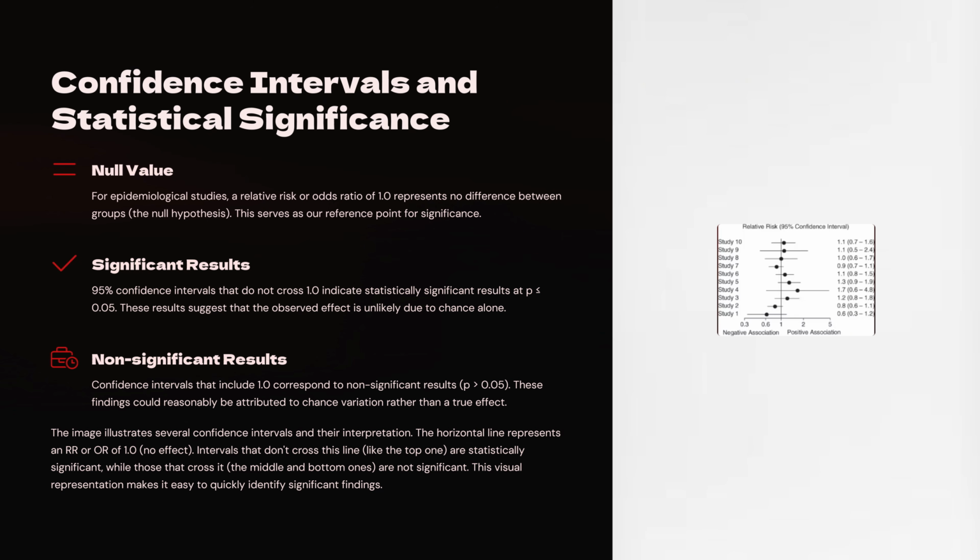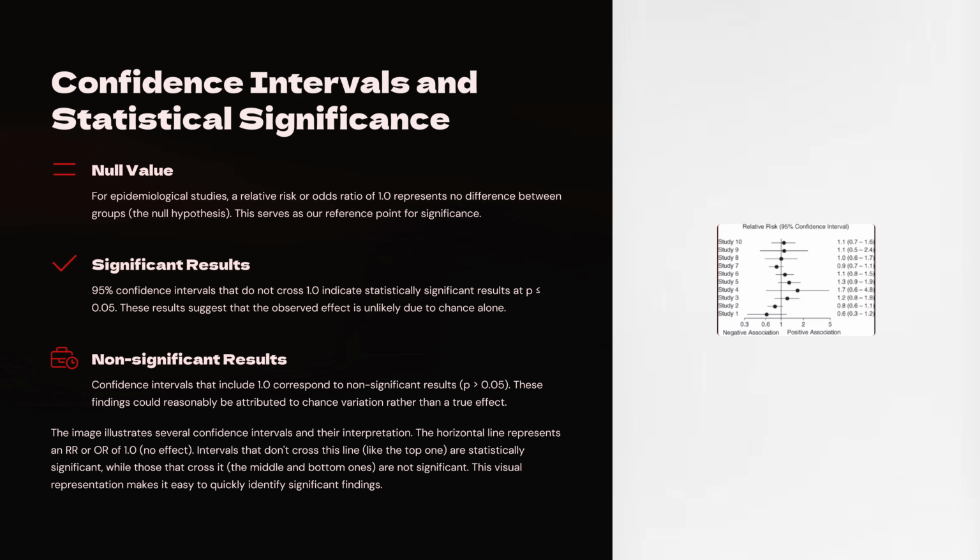In most epidemiological studies that look at relative risk or odds ratio, right? These are calculations of a numerator and denominator, or a ratio. So when there's no difference, it's 1 because the numbers are the same.